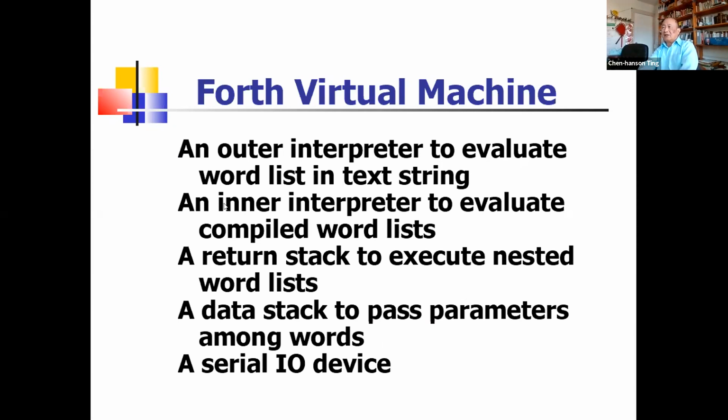And we have also an inner interpreter to evaluate compiled word lists. So for the primitives, we implement all 100 primitive words in C++ code. And all the words that you compile are colon words. And we need an inner interpreter to interpret all the colon words.